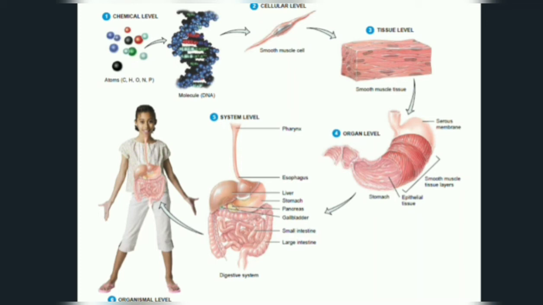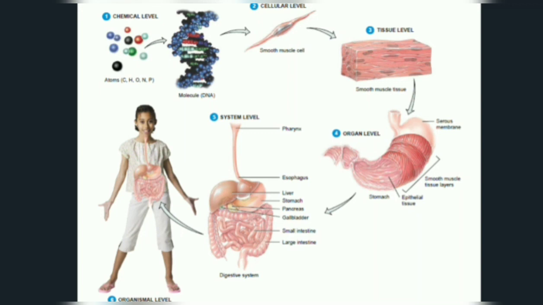Then certain different types of molecules are combined to form cells, for example smooth muscle cells, at the second level. At the third level, different types of cells are combined to form a tissue, and different tissues when combined form an organ, for example the liver, pancreas, and heart. When different organs are combined with each other, they form a working system, for example the digestive system, cardiovascular system, and respiratory system.